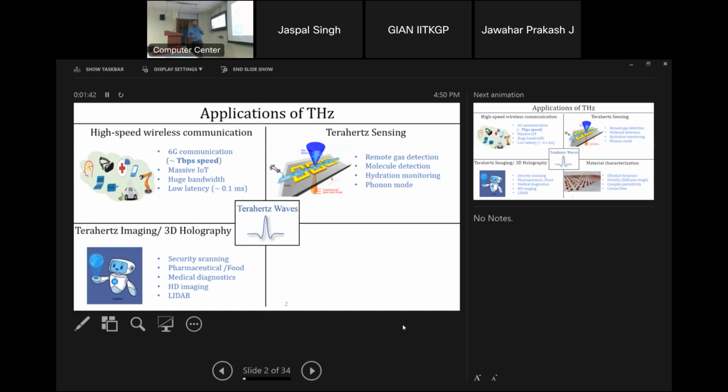And I think terahertz is extremely important if you wanted to twin a full body because using optical light you cannot do so because you need to scan the full body. For that you need devices using the wave which does not harm our tissues and the wavelengths are also large in nature. It is a good candidate for even the 3D holography also.